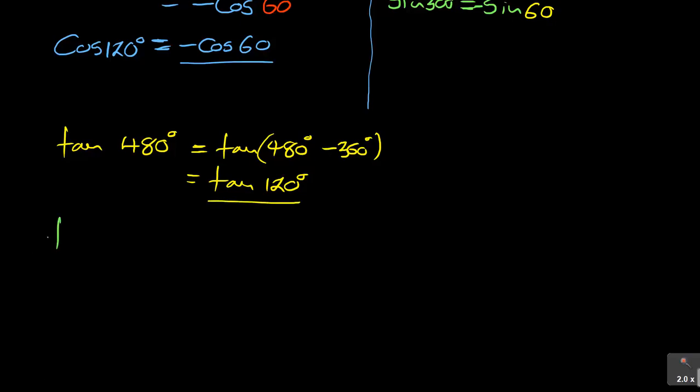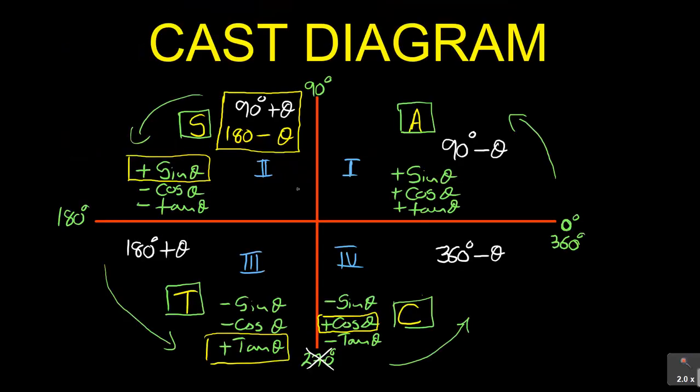So now we are going to reduce tan 120 degrees, and the first thing that you need to ask yourself, again back to our CAST diagram, is where can I locate 120? And we did say 120 was in this particular quadrant, which is quadrant number 2. So now the next thing you have to ask yourself is, what is the reduction rule of quadrant number 2? It is 180 minus theta, remember.